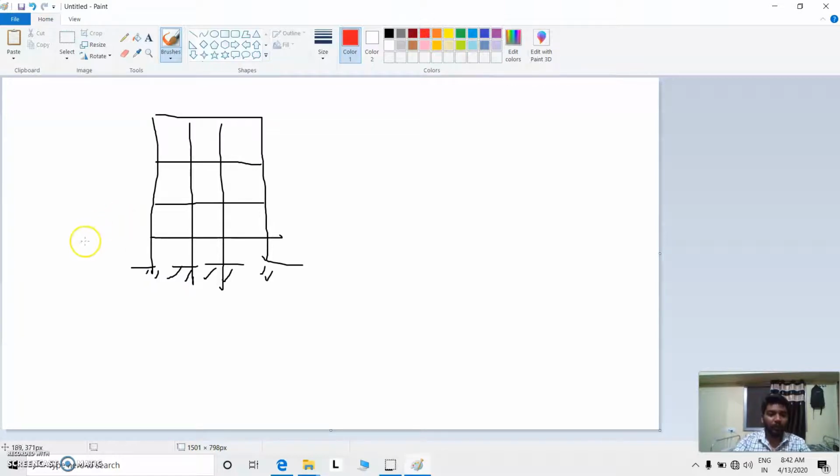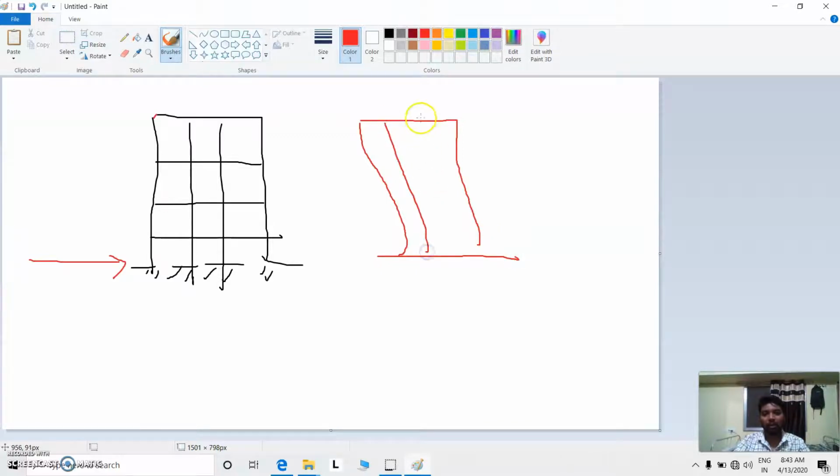Whenever your structure is hit with a horizontal force, that is considered to be earthquake forces, this force will create a particular effect in the structure, and the structure will tend to behave in this manner. This is what we have already studied, that is inertia force.